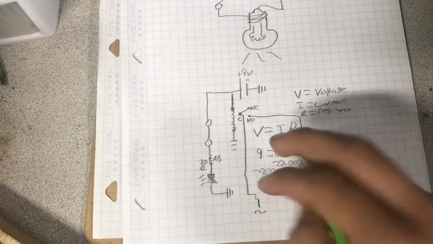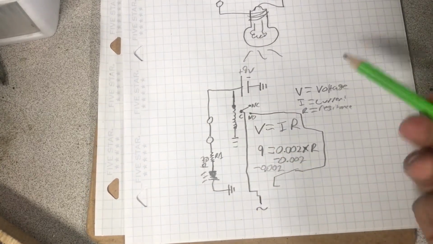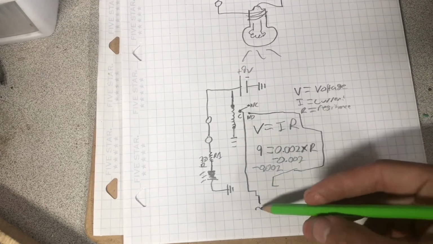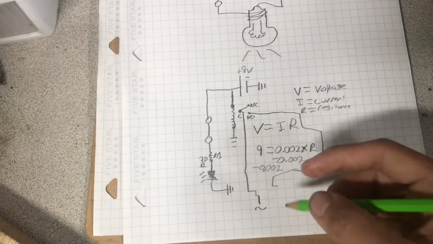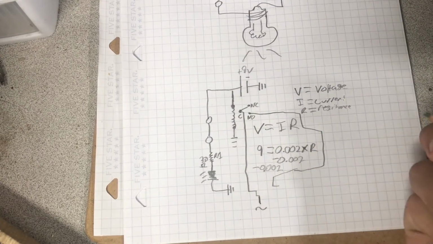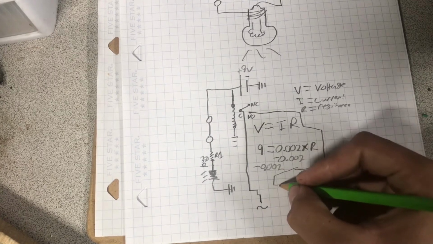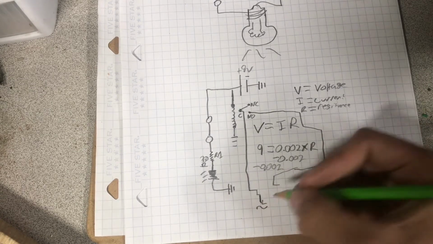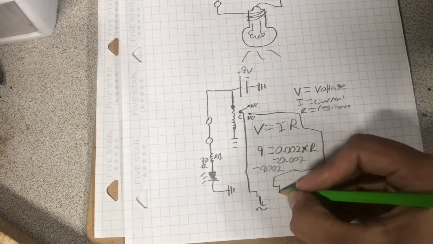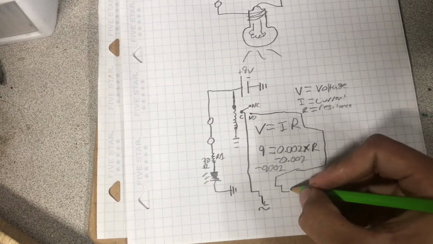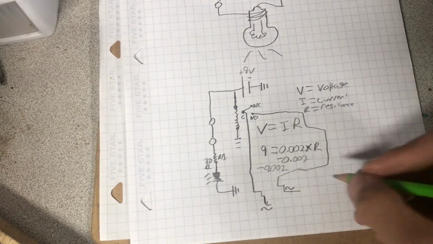Notice how I use this symbol right here? This is what AC is. It's a sinusoidal waveform, or a sine wave. It can often be seen represented as this, which is made to be a sine wave, or this, which is sometimes called a tilde. So this is our L going in, our live going in, and this is our live coming out. I'll draw the sine wave like that.